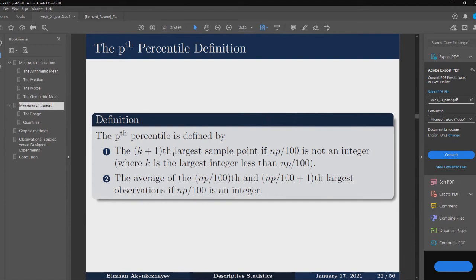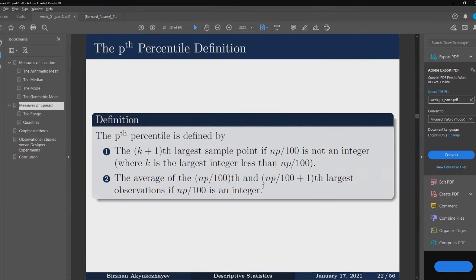We are going to take the k plus 1's largest sample point, where k is the largest integer less than our 3.5. In other words, we take integer part of our np over 100, integer part of 3.5 is 3, and we are taking fourth largest sample point as our 35th percentile. To find fourth largest sampling point, we have to order our data set in an increasing order from smallest to largest.